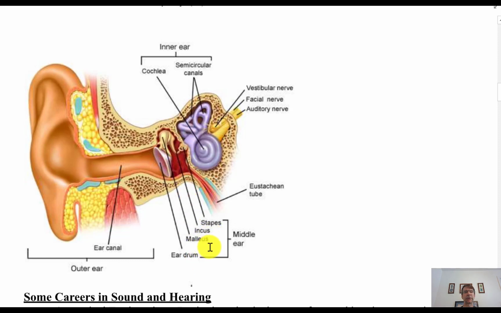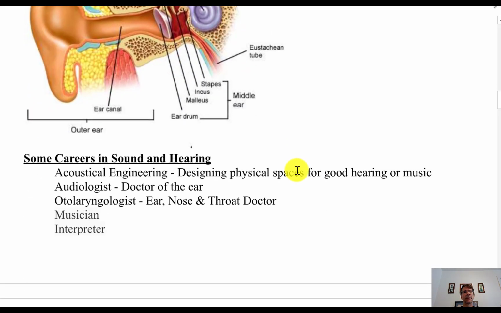When I was a kid, we used to call those the hammer, the anvil, and the stirrup. But the official names are malleus, incus, and stapes. I'm not sure I'm saying that right. But it's incredible that this structure works. It keeps your balance, and it's an incredibly well-engineered design. It's a miracle that it works.